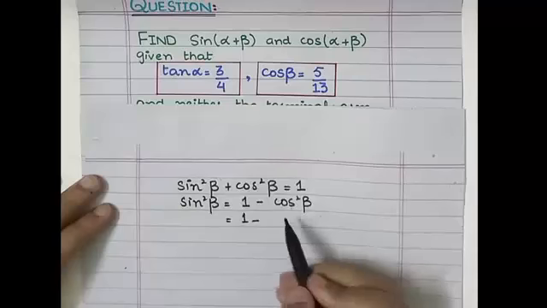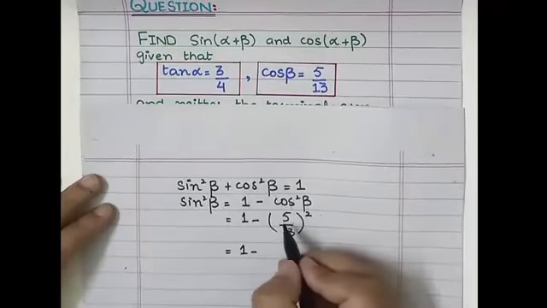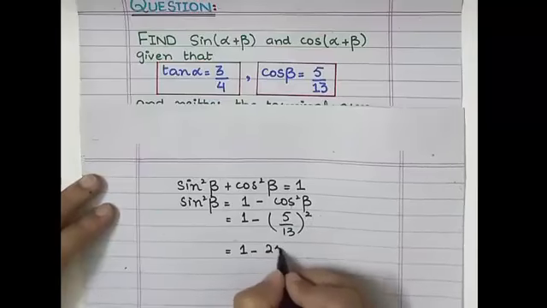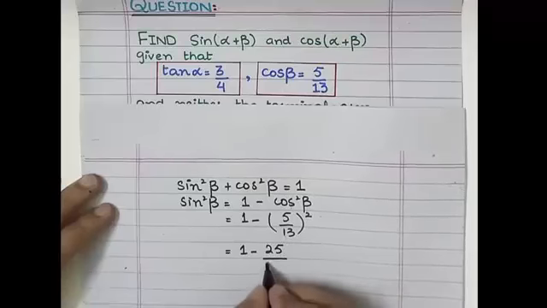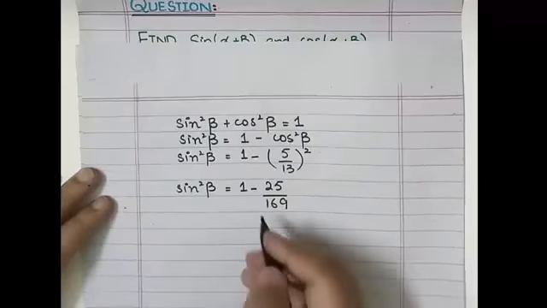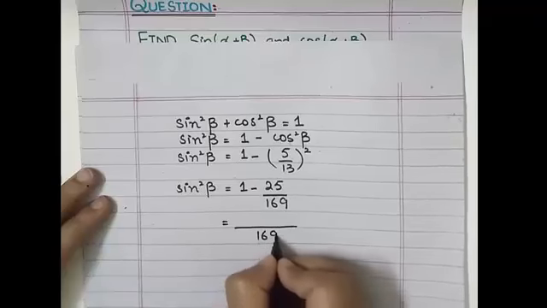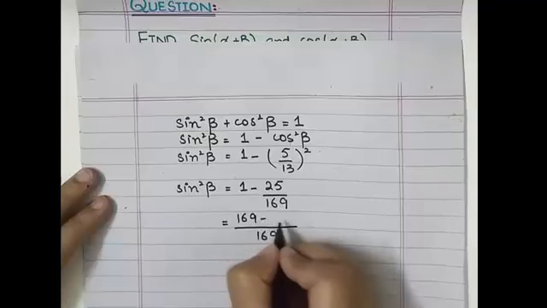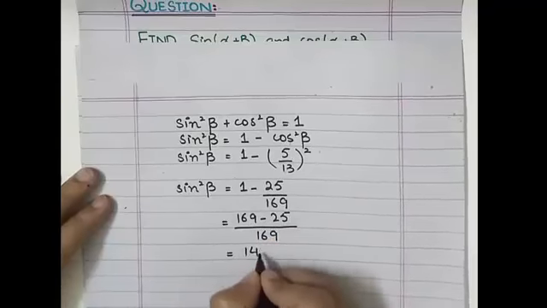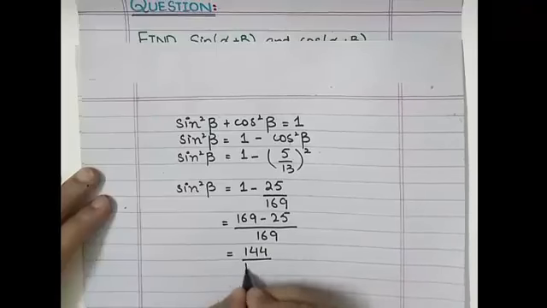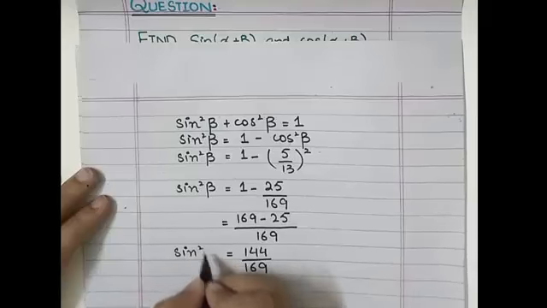So 1 minus, putting the value of cos beta, 1 minus the square of 5 is 25 and the square of 13 is 169. So now taking the LCM, 169 minus 25, which is equal to 144 over 169. So this is the value for sin square beta.